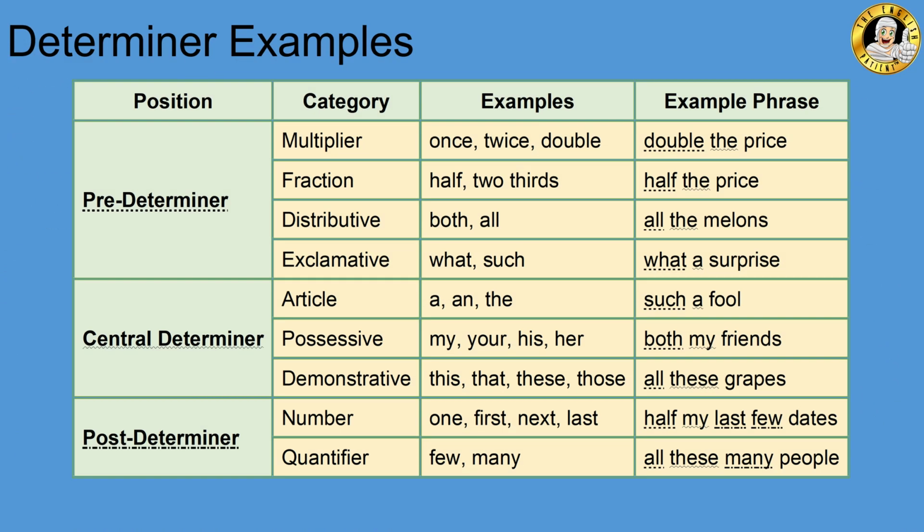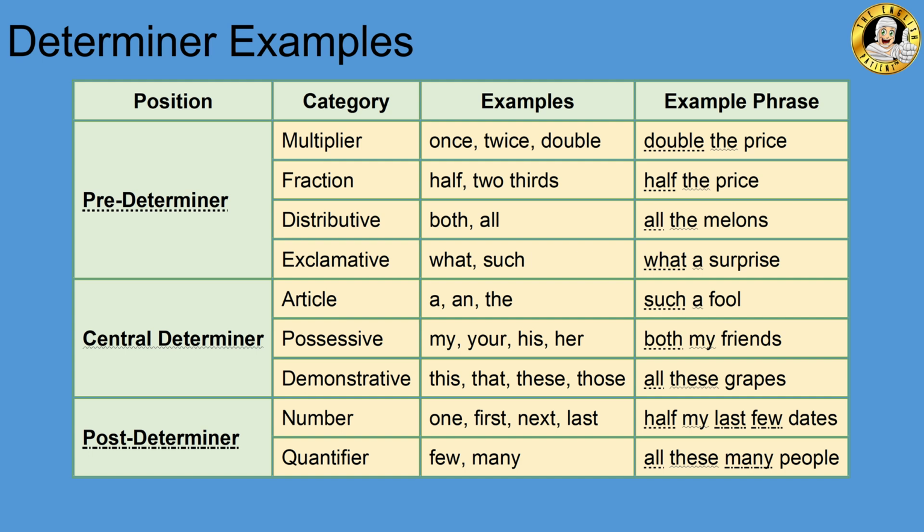Now here we have some examples of what you might actually find in these different categories of determiners. So predeterminers, central and post-determiners, what kinds of words do you normally find in these categories? Well, for predeterminers, you will often find multipliers, words like once, twice, or double. For example here, double the price.